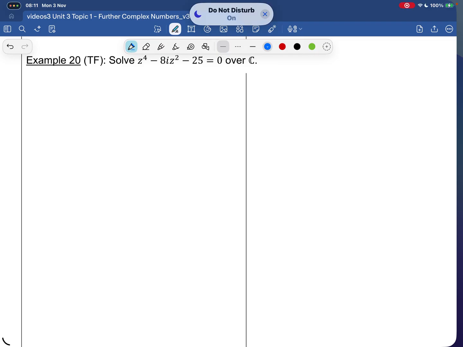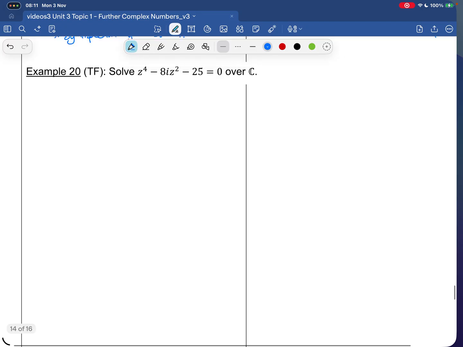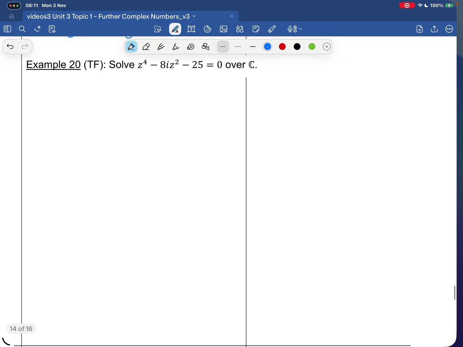All right. With this one, we're going to need to employ a few of the things that we've learned in our complex numbers section. Notice that it is z to the 4 minus 8i z squared minus 25 equals 0.